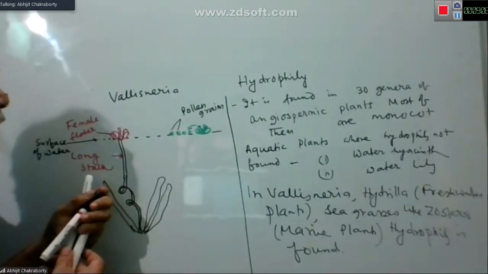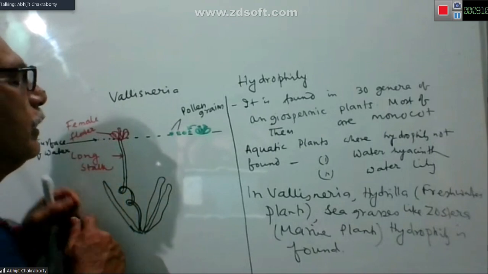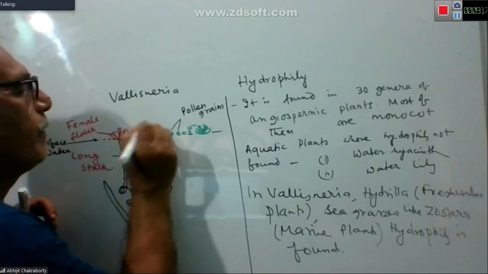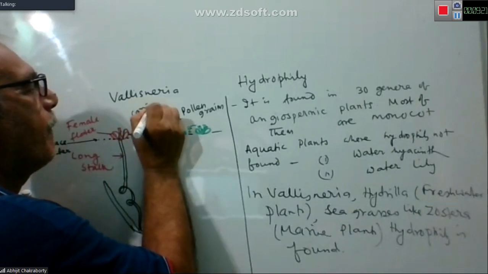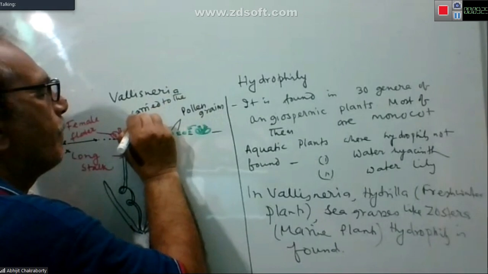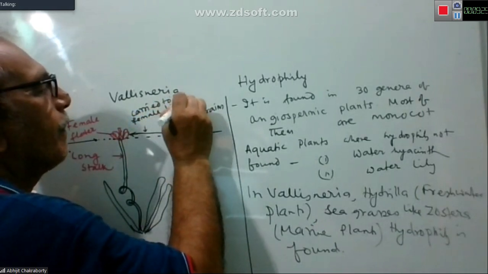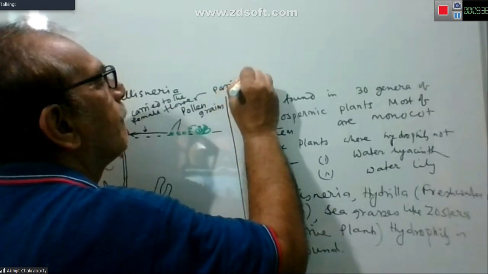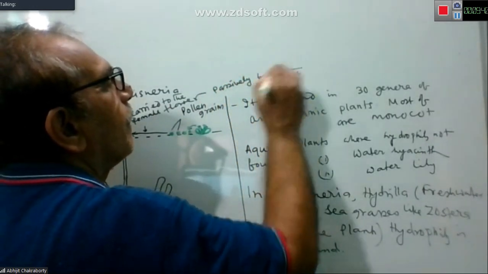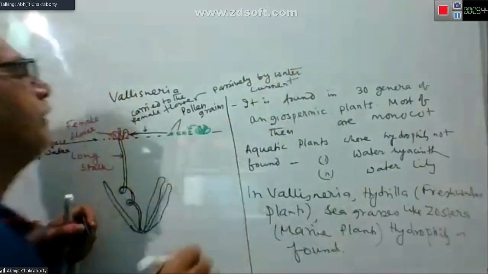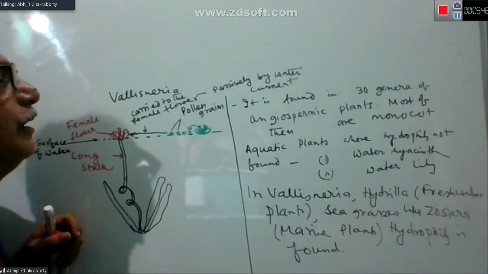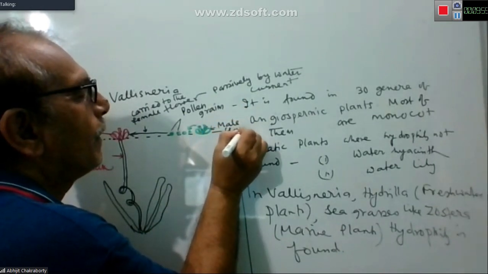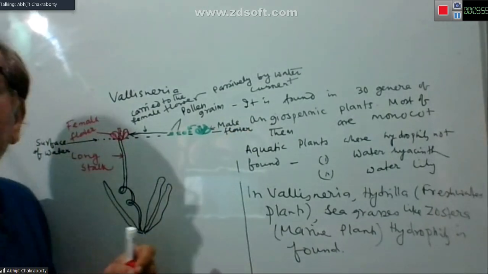And then they are carried to the stigma passively by water current, carried to the female flower. So this is what happens in Vallisneria.